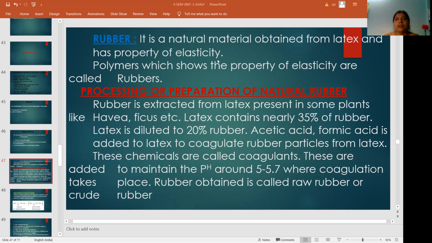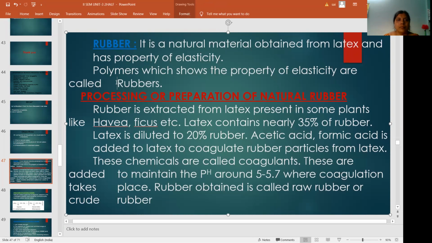That means you are getting rubber from the trees, and it is having which property? Elasticity, whereas plastic is having plasticity. The polymers which have plasticity are called plastics, and the polymers which have elasticity are called rubbers. So polymers which show the property of elasticity are called rubbers.